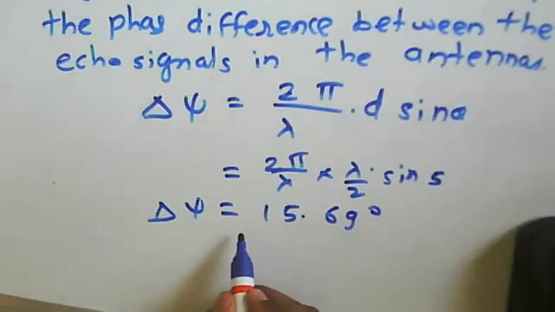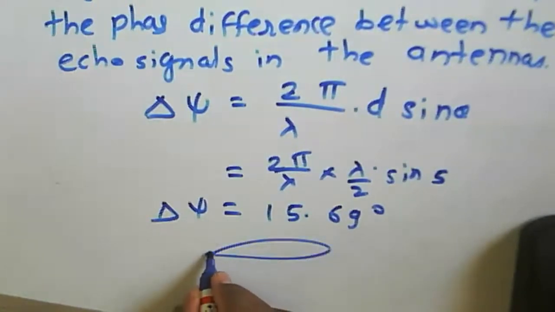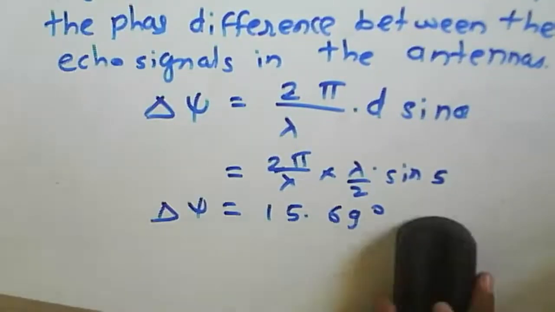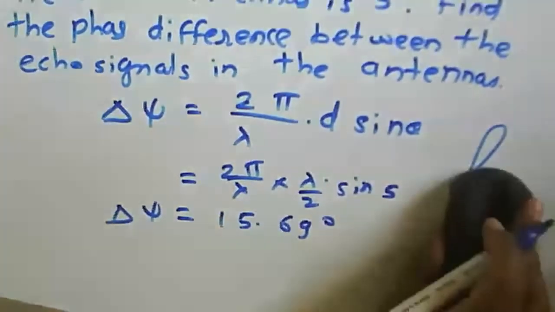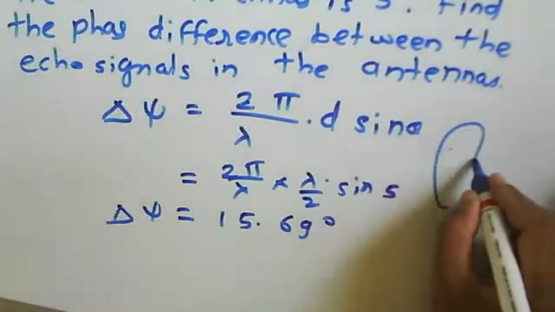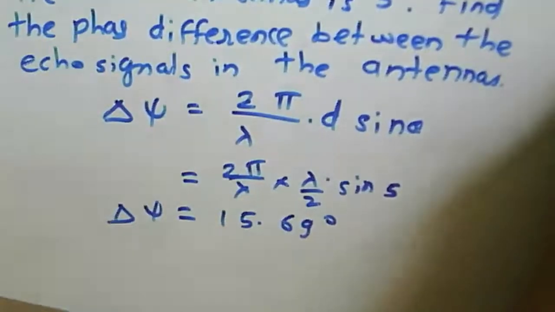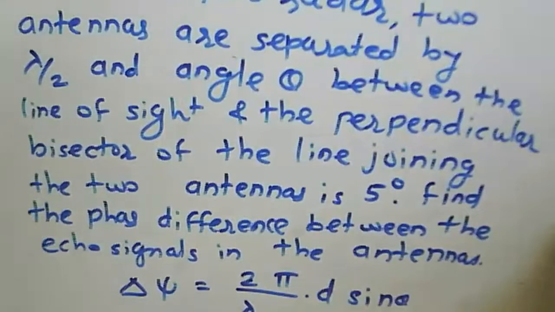That is the phase difference between the echo signals. Whatever beam or lobe pattern is generated, according to that we can find the phase difference. This way we got the phase difference of the antennas.